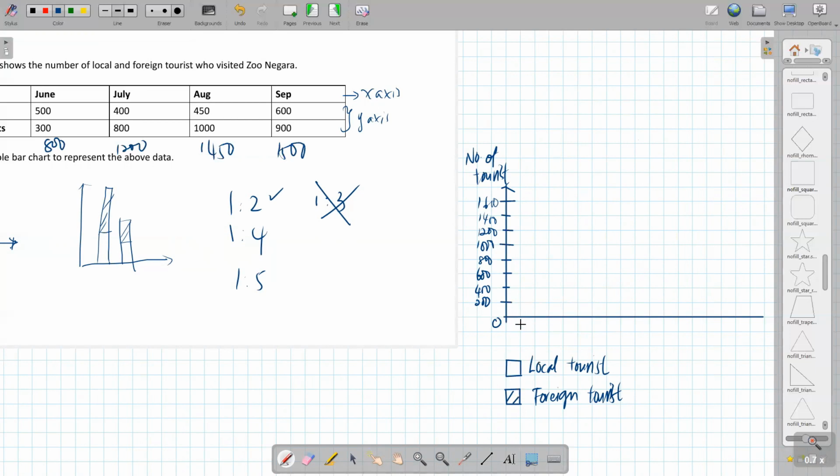We start from June here, right? So June, July, August, and then September. This is the month.